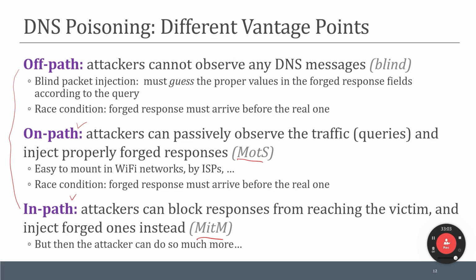The forged response generated by an attacker also should arrive before the real packet arrives, right? For in-path attackers, they could block responses from reaching the victim and manipulate the message in the middle. And the attacker can do so much more. Think about ARP cache poisoning.